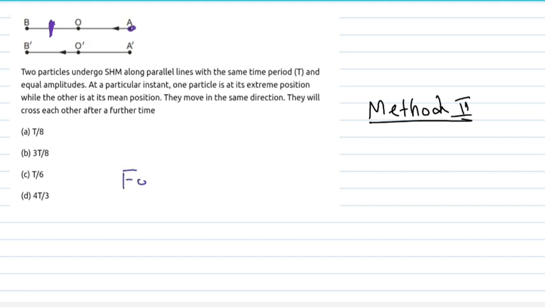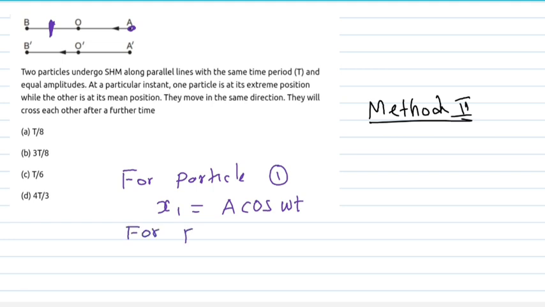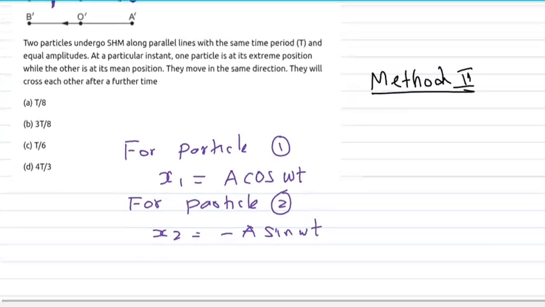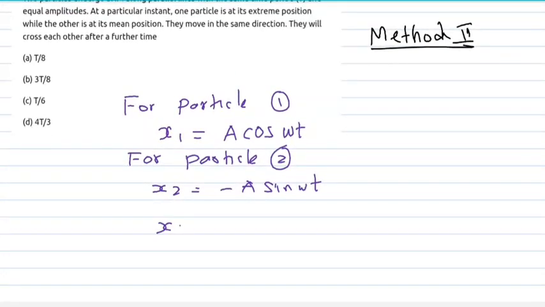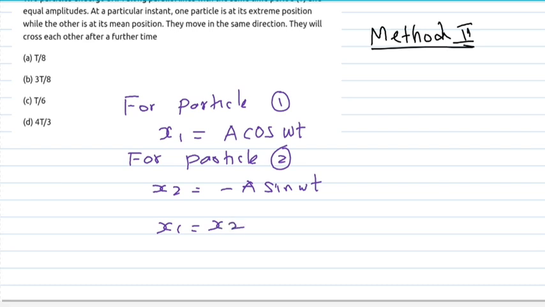So for particle 1, I can take x1 is equal to a cos omega t, and for particle 2, I can take x2 is equal to minus a sin omega t. Both x1 and x2 are equal from the origin because they are meeting at the same point.